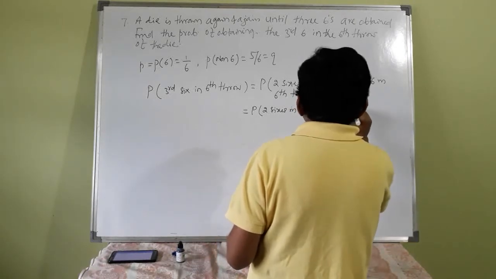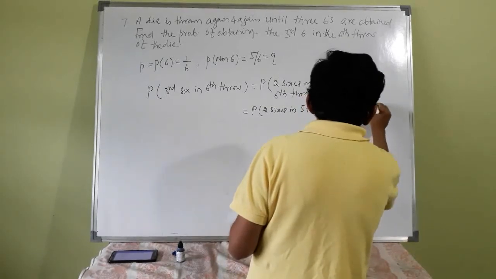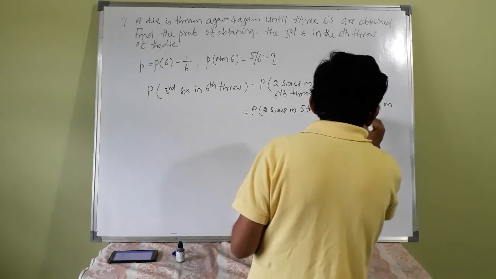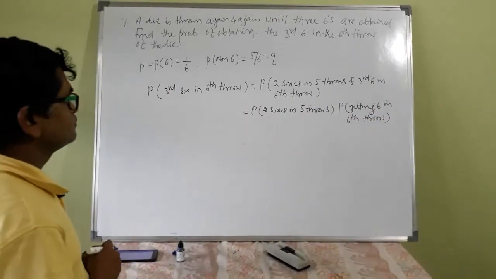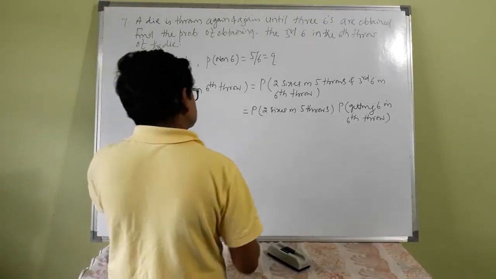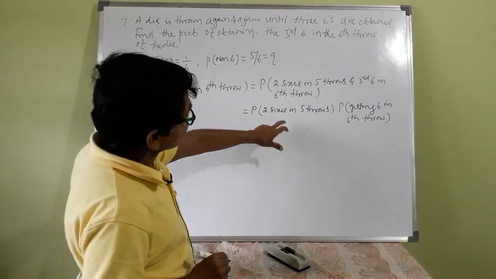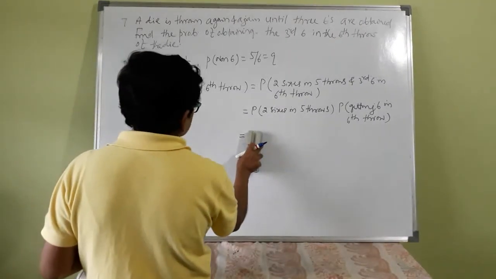Getting 2 sixes in 5 throws follows the binomial distribution.